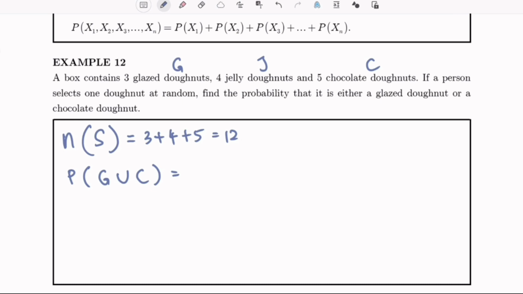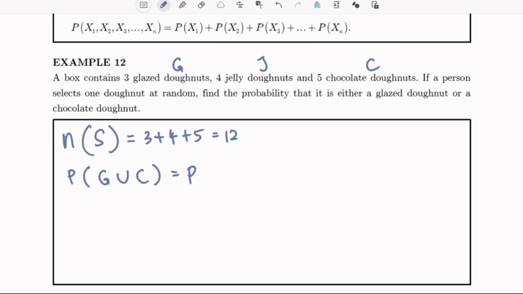From the question, we can understand that a donut can't be a glazed donut and a chocolate donut at the same time. So that means G and C are mutually exclusive events. Then we can just use the formula given in the notes.